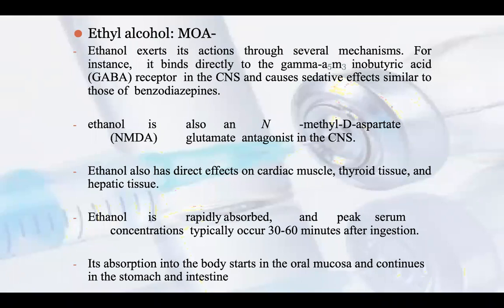Ethanol also has direct effects on cardiac muscle, thyroid tissue, and hepatic tissues. Ethanol is rapidly absorbed and peak serum concentration typically occurs 30 to 60 minutes after ingestion. Its absorption into the body starts in the oral mucosa and continues in the stomach and intestine.